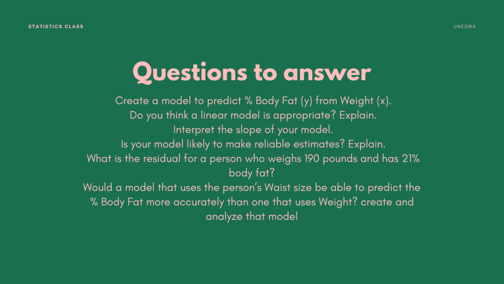Would a model that uses the person's waist size be able to predict the percentage body fat more accurately than the other that uses the weight? Create that model. So I am expecting you to come up with 2 models from the questions that you've been given, and after, we're going to make a comparison of the 2.